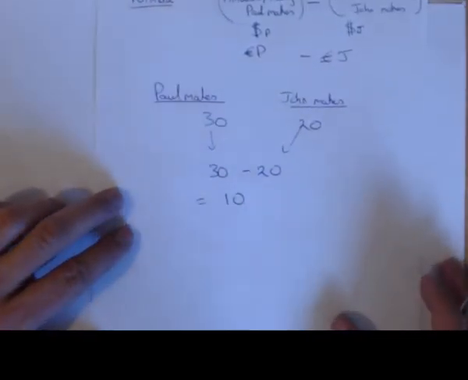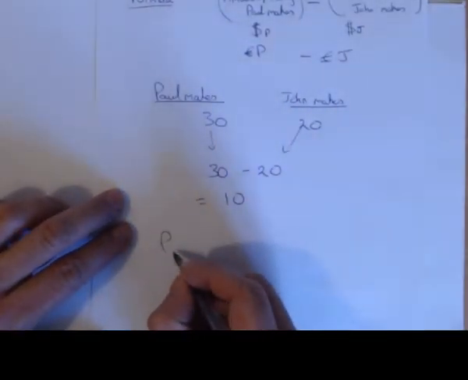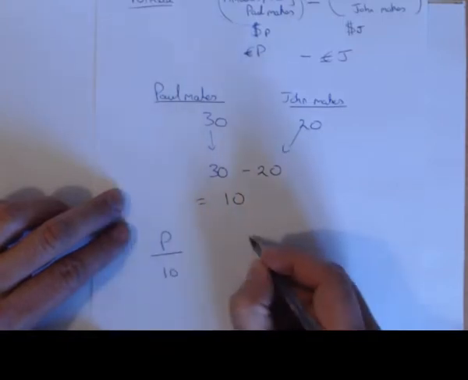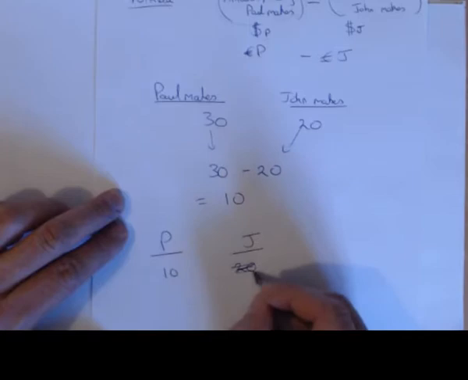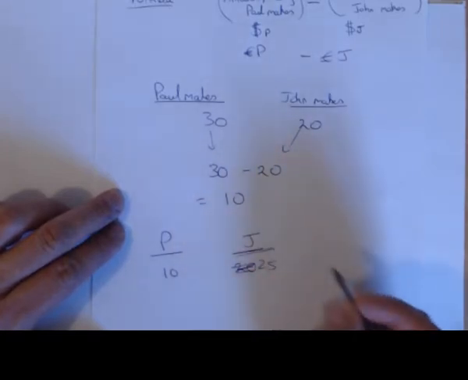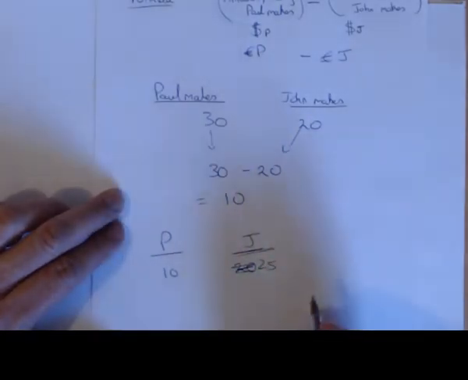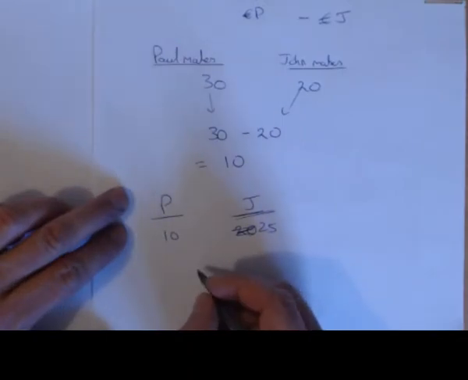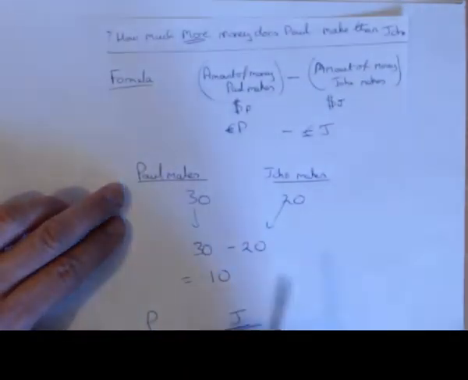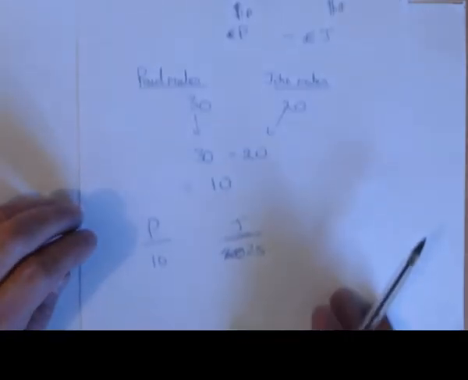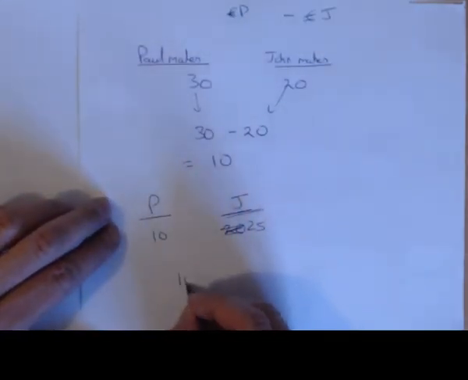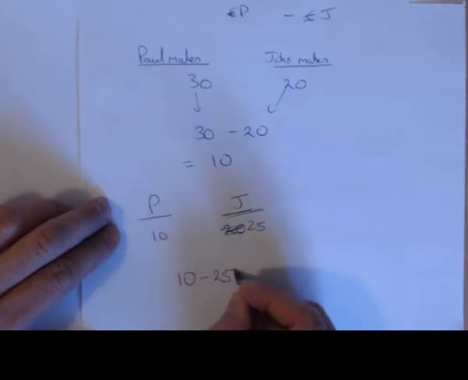But as we saw yesterday, sometimes Paul might make €10 and John might make €20, or let's say €25, just to have a few different numbers. Then our formula will still say the amount of money Paul makes less the amount of money John makes, which is 10 take away 25.